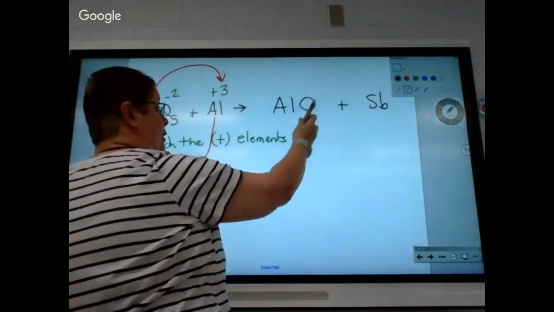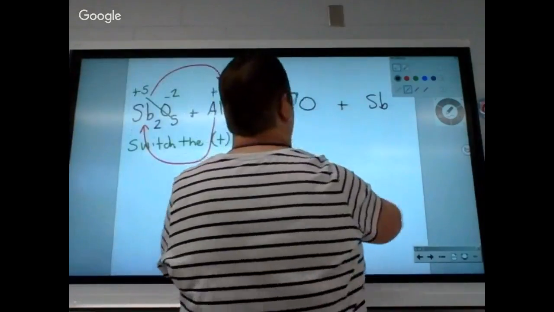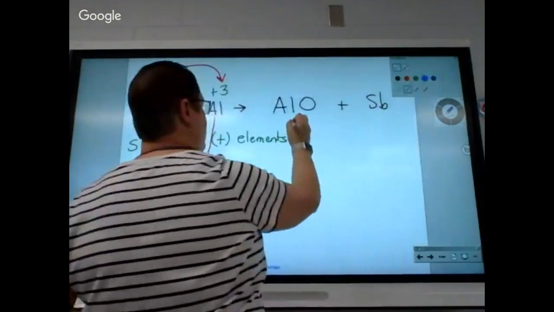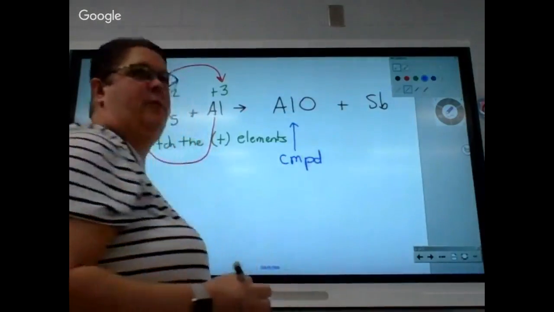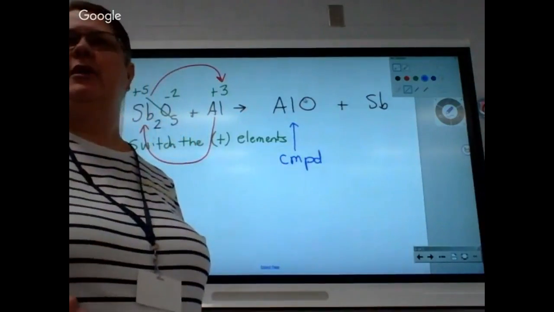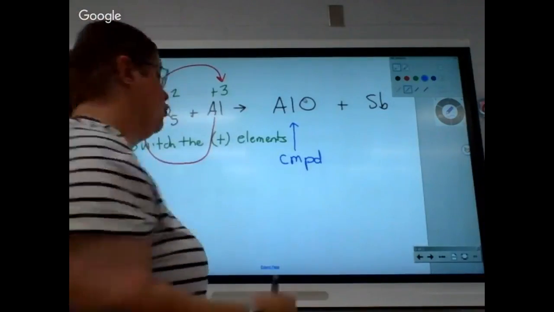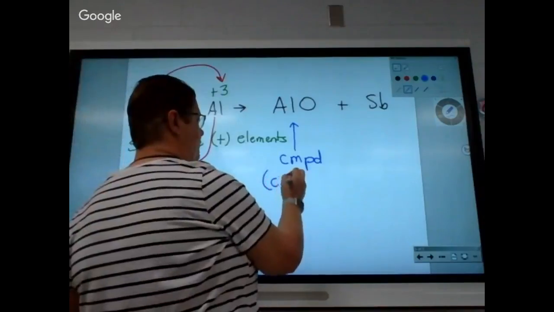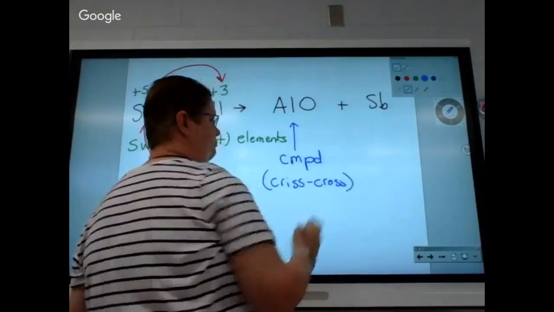This is a compound, right? Oh, let me change colors here. All right. This is a compound. What do we always do for compounds? You're going to hear me say this 100 times between now and Tuesday. Compounds do what? Crisscross. All right. Every time you have a compound, you crisscross without fail.